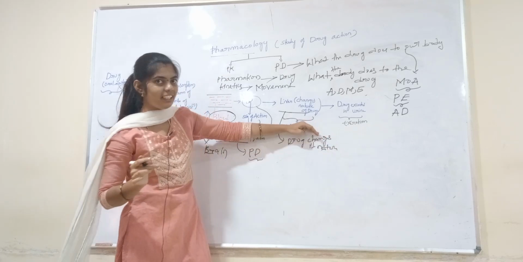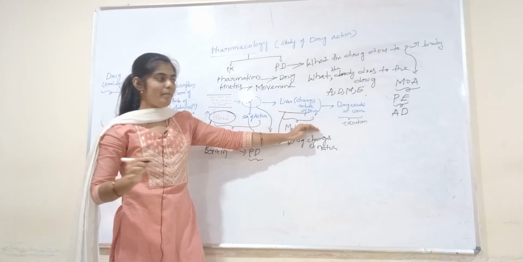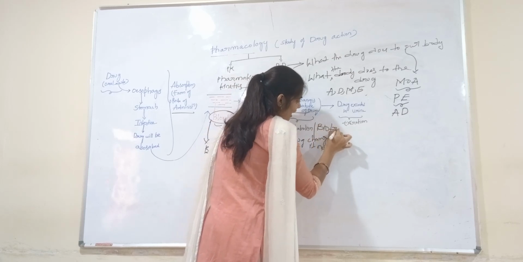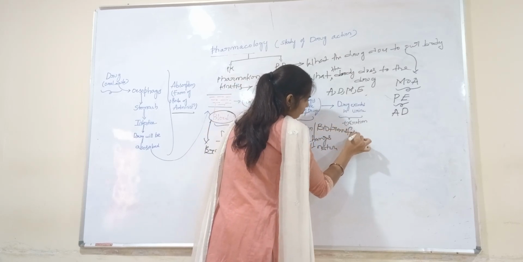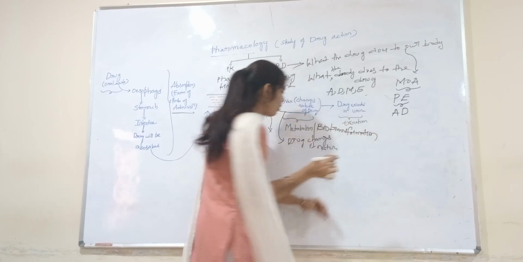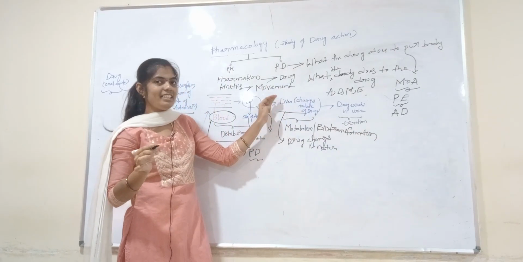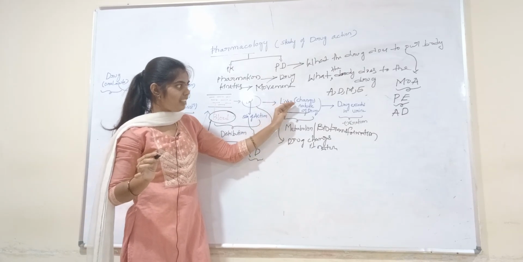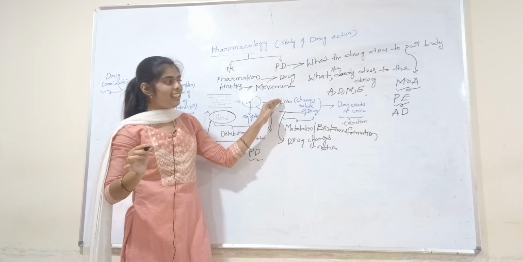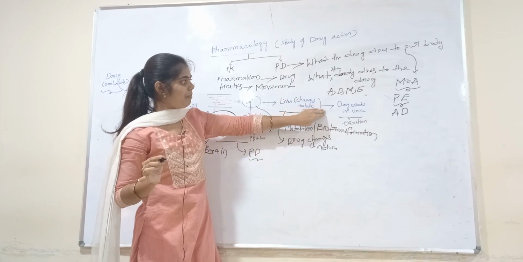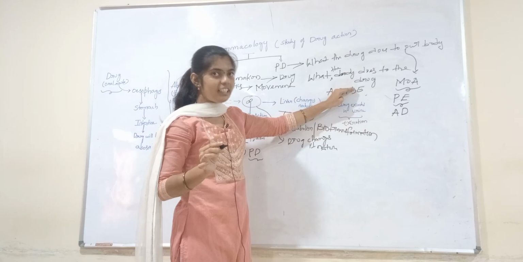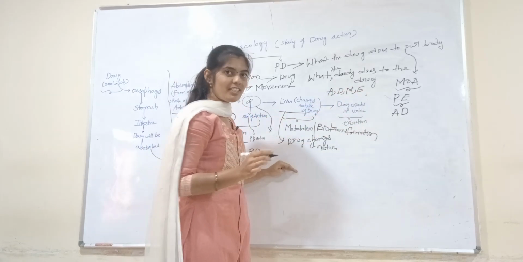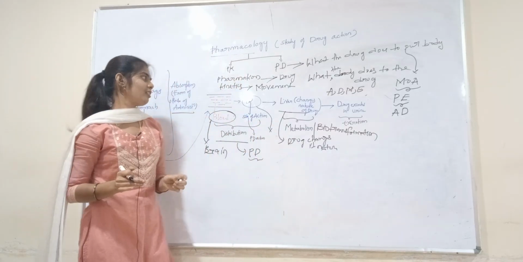This kind of activity is known as metabolism or biotransformation. Metabolism takes place in the liver. In the liver, the drug nature changes. After changing the nature of the drug, from the liver it enters the blood. Then from the blood it reaches the kidney or urine in order to excrete. This is a clear-cut picture of pharmacokinetics.